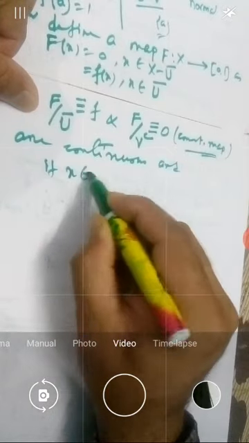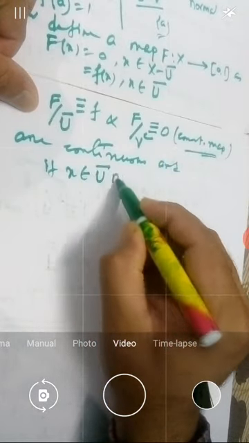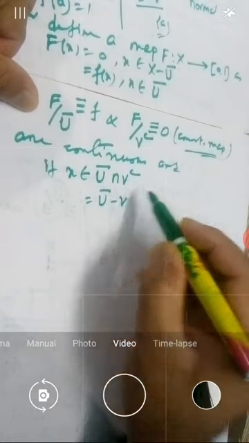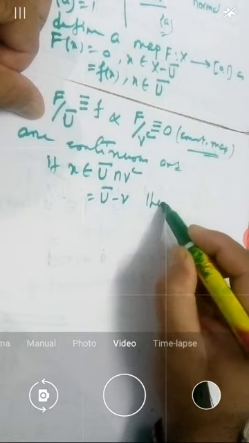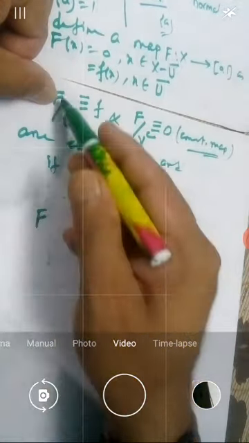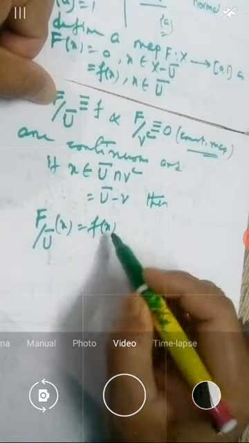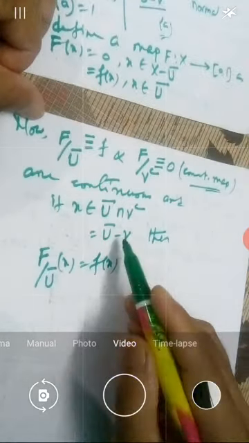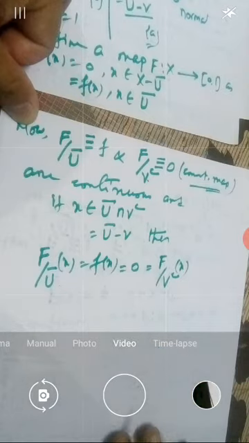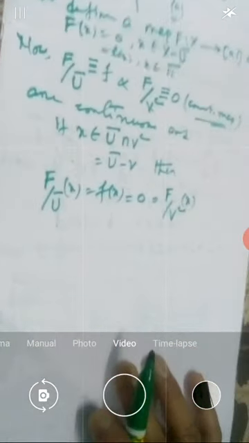If x is in their common domain, that is U bar intersection V complement, which is nothing but U bar minus V, then this restriction of f on U bar at small x is nothing but this, but within this annulus small f takes 0, so this is 0. And x in V complement, so this is entirely 0, so this is 0. So they are the same, so they agree in their common domain.